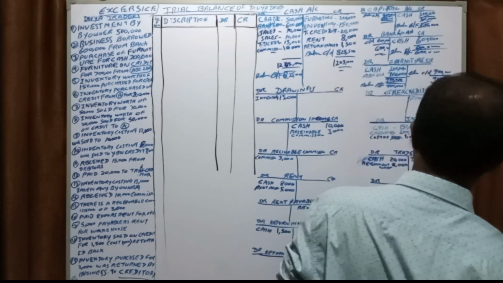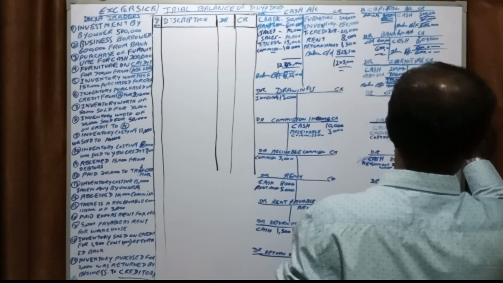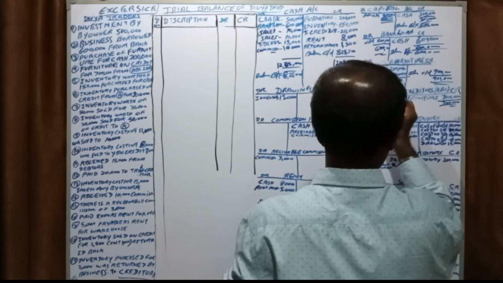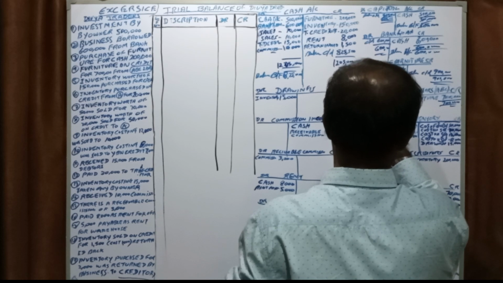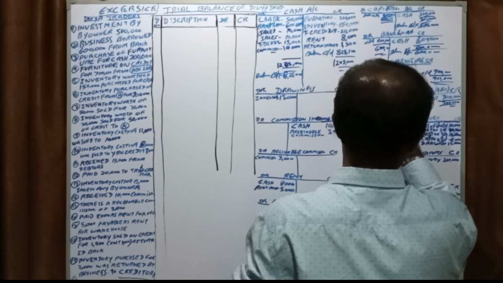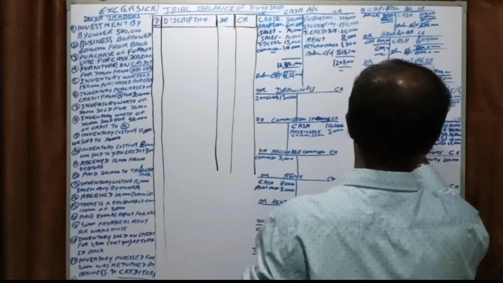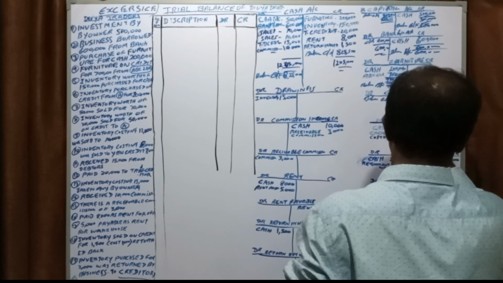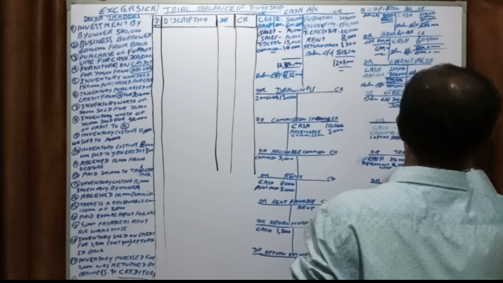Furniture also like that. Here we'll say 700. Balance carried down 700,000. Here we will say balance brought forward 700,000.